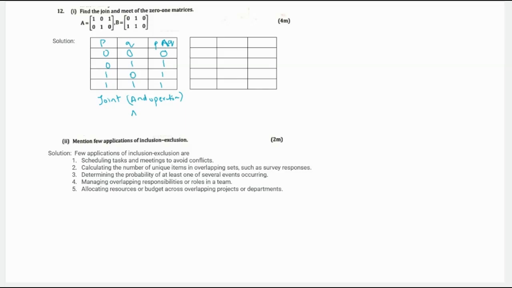Then meet is the AND operation, and it is represented as AND, but here the operation will be reversed: 0 0 1 1, 0 1 0 1. If it is 1 1, it is a 1, remaining all will be zeros.